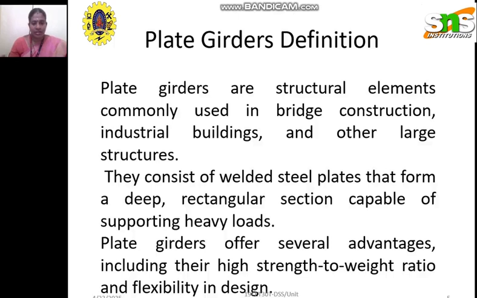It consists of plates in the form of a deep rectangular section, capable of supporting heavy loads. The advantage of the plate girder is its high strength to weight ratio, and it also provides easy flexibility in designing.